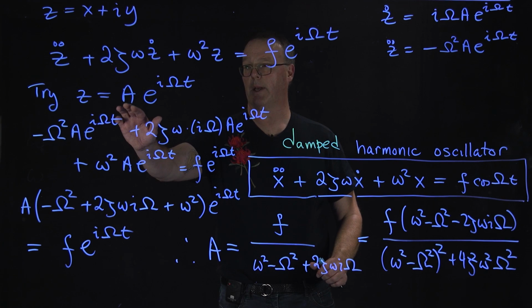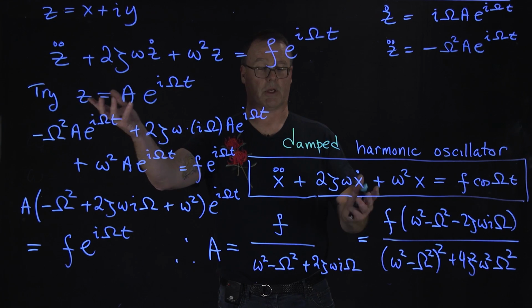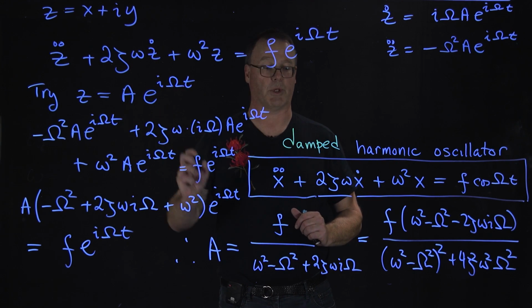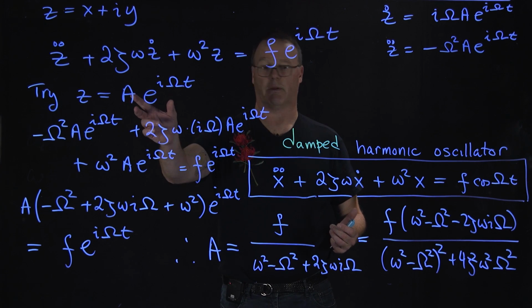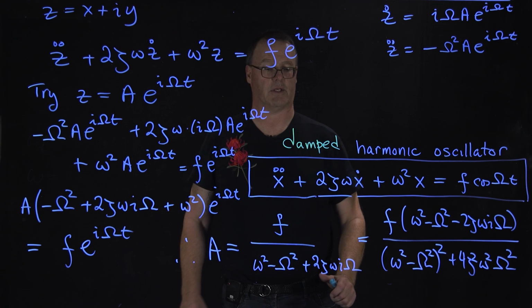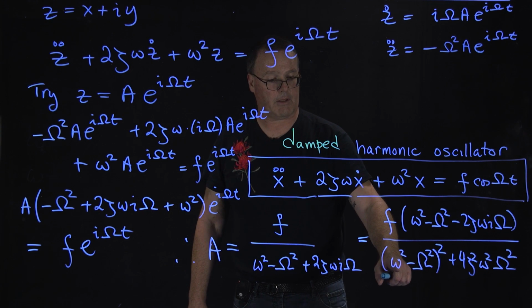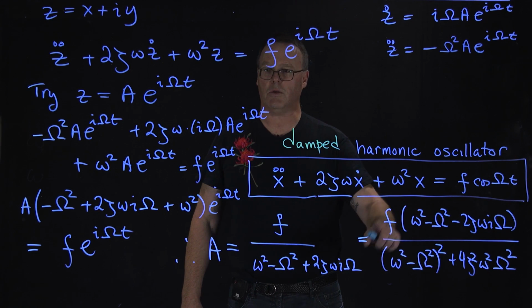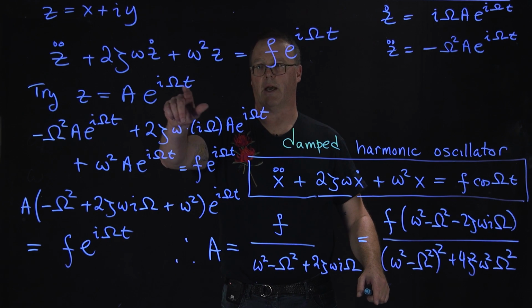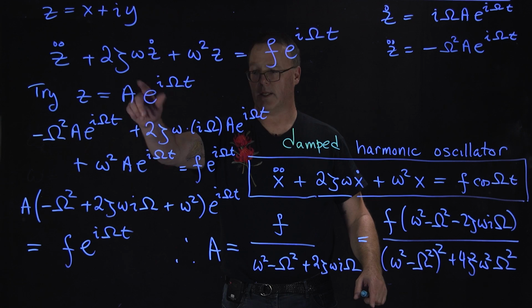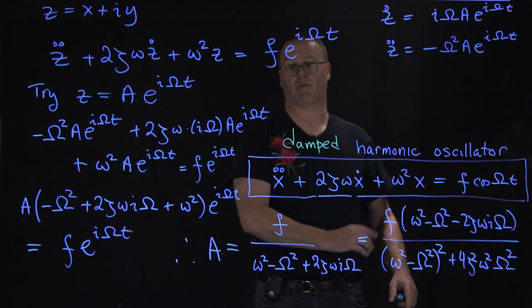This number is complex and this number is complex, so we can multiply the two together and take the real part. In essence, we're going to be able to account for these things as a phase difference. But the key point is that the solution process was very straightforward. Once we plug in e to the i omega t, the rest is just straightforward algebra.